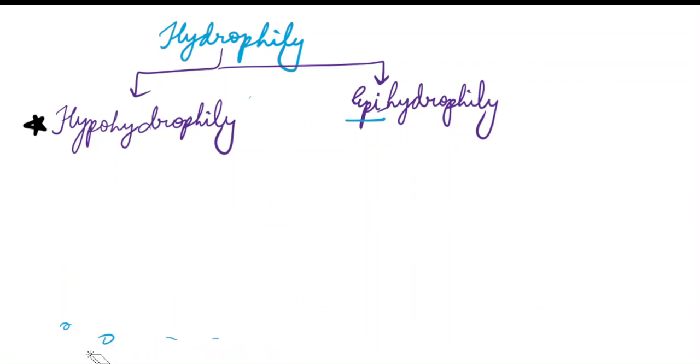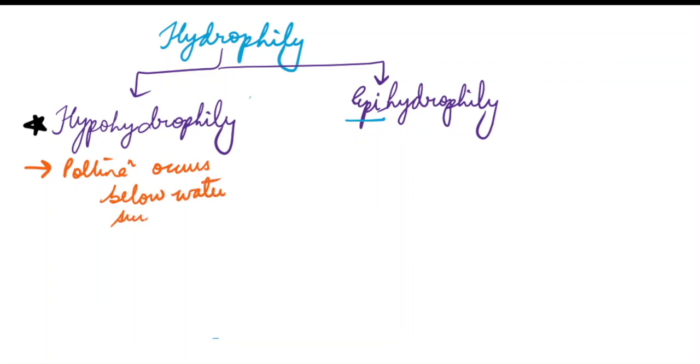I hope this is clear. So I will write that here pollination occurs below the water surface, and here it occurs on the water surface.